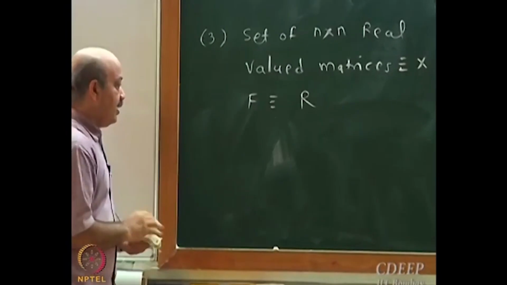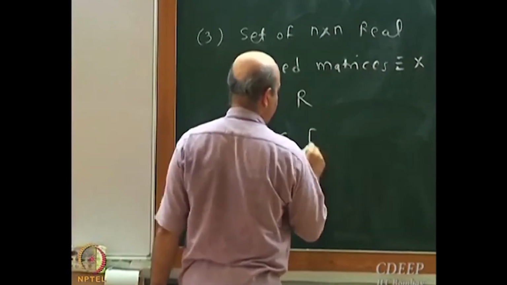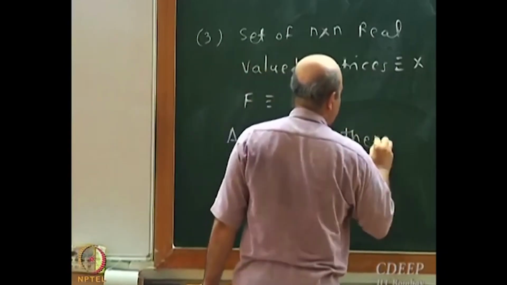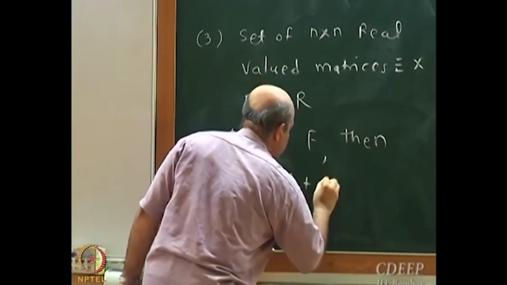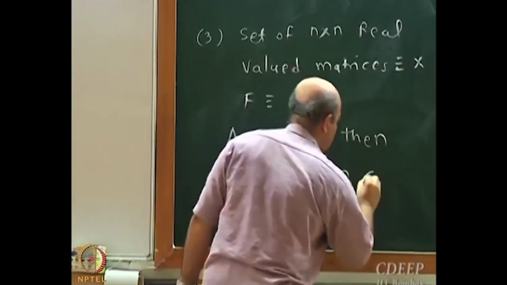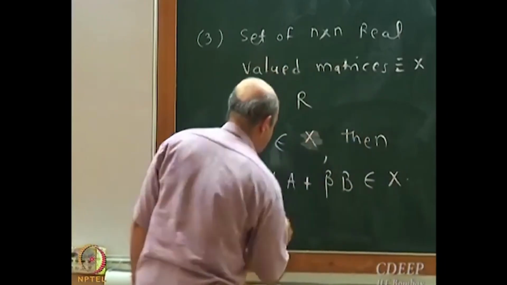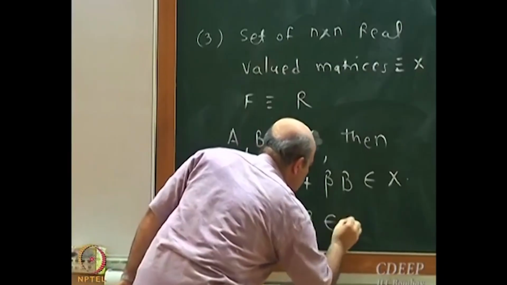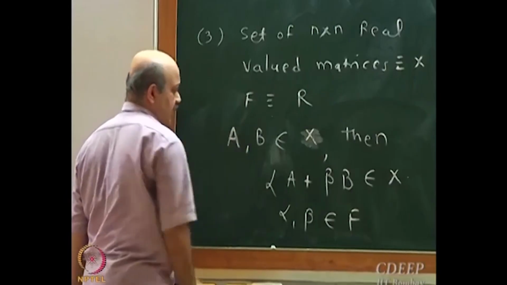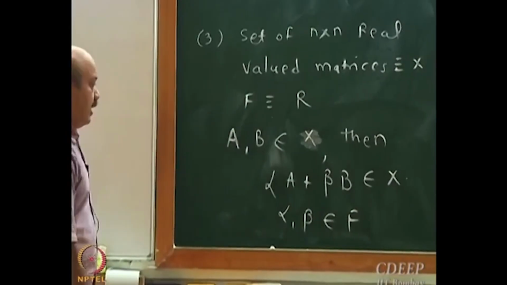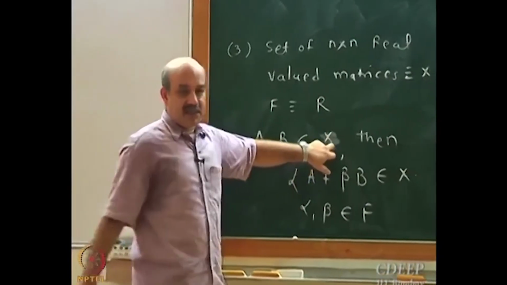Okay? So if I take any two matrices, say A and B, then any alpha times A plus beta times B also belongs to X. This is X here, and alpha, beta belong to F. So for any matrix A and any matrix B, which are both n cross n, these are elements, these are vectors in this vector space.